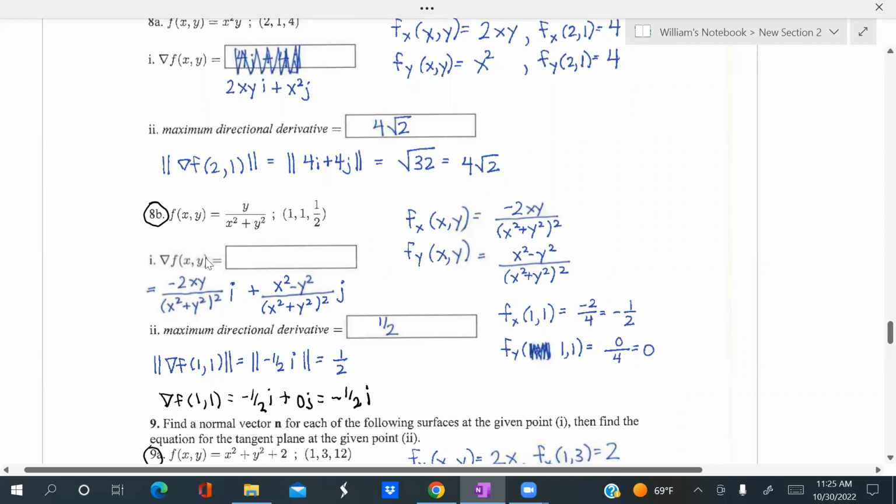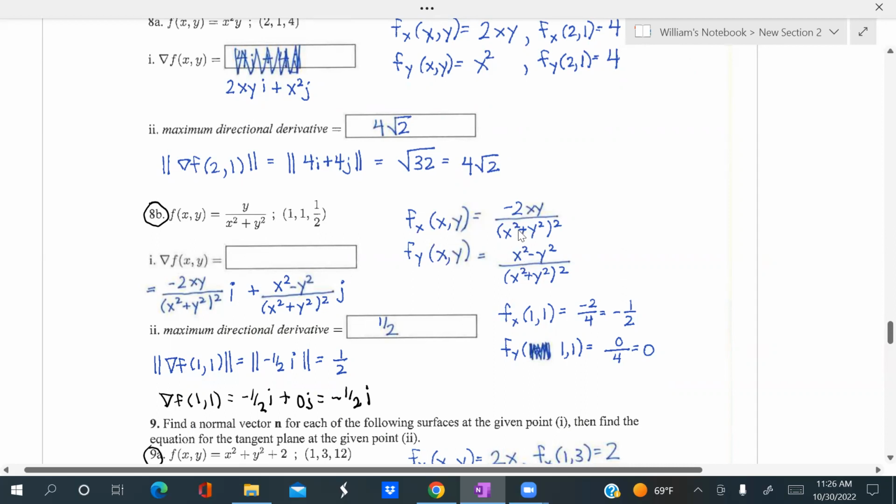All right, so let's see what the gradient vector is. Remember, the formula for the gradient vector is very easy. It's just the partial derivative with respect to x times i plus the partial derivative with respect to y times j. So I computed these two partial derivatives not at this given point, but just in general.